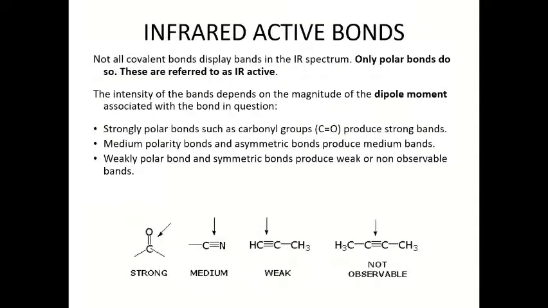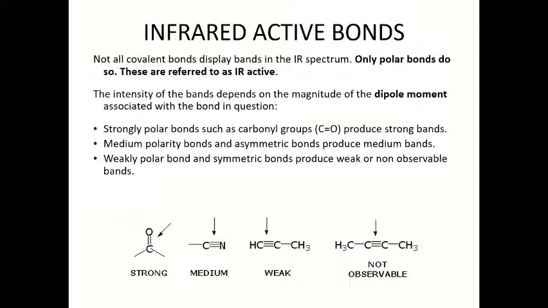It is very important to know that not all covalent bonds display bands in the IR spectrum. It means that not all covalent bonds or not all molecules are infrared active. Only polar bonds will do so, and these are referred to as IR active molecules or IR active bonds.